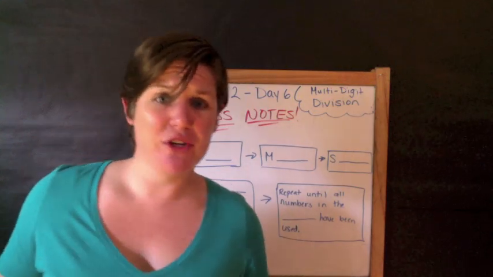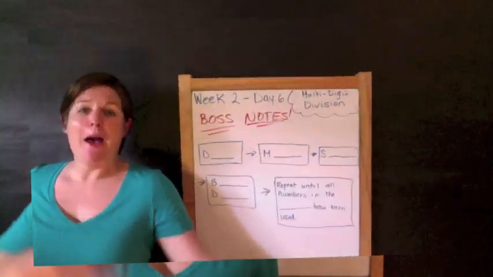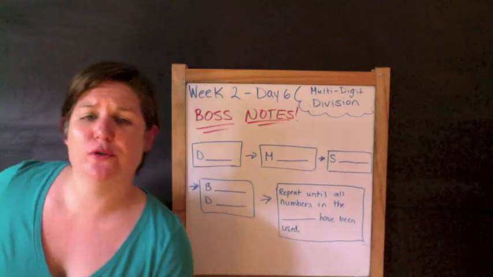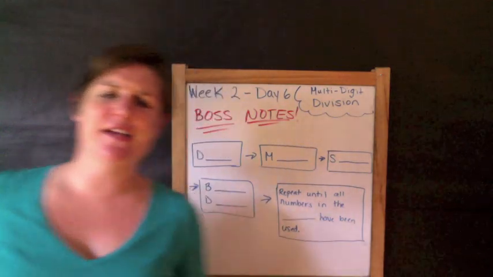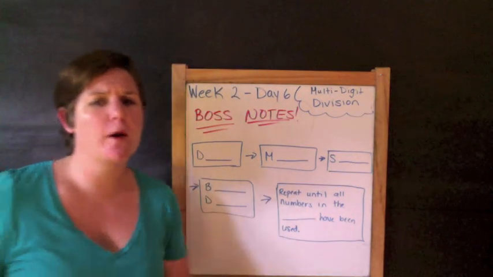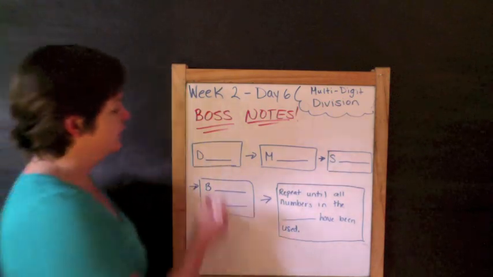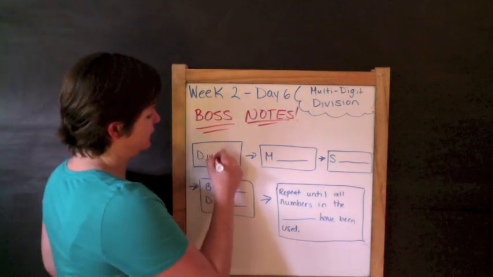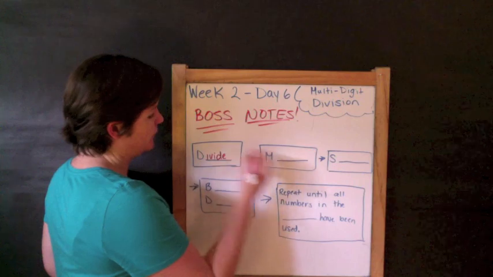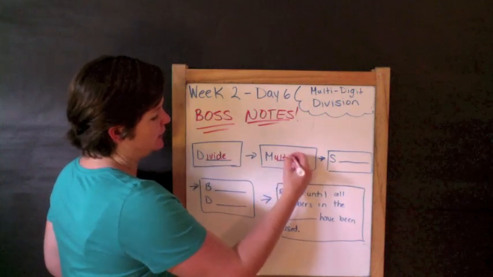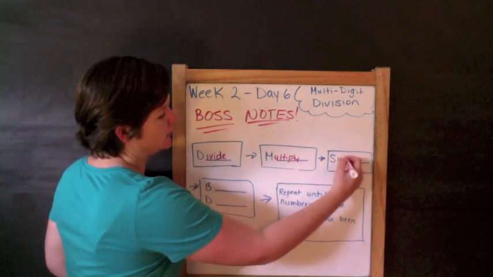So, without further ado, let me teach you. Boss notes! All right, everybody, here are the steps that we are going to use for multi-digit division. Step 1, we divide. We multiply. We subtract.